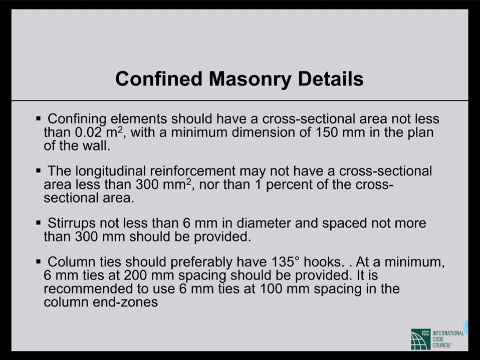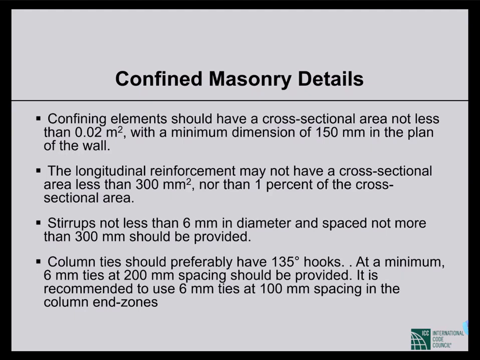So this is somewhat similar to RC, that we have to have at least 1% of the cross-section area of reinforcement and not less than 300 millimeters square. Stirrups not less than 6 millimeters in diameter and spaced not more than 300 millimeters should be provided. We have to use stirrups.